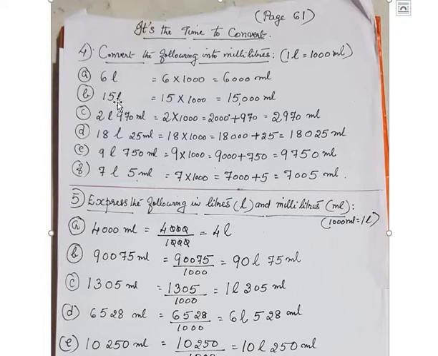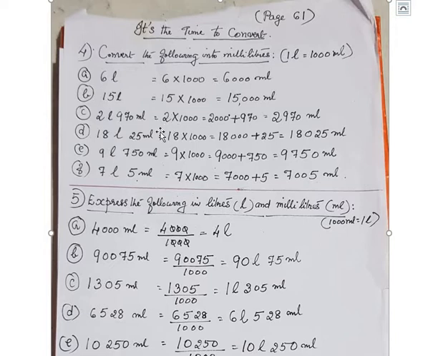In the second one, 15 liter equal to 15 multiplied by 1000 equal to 15,000 milliliter. 3 zeros on the right side, 1 fives are 15. So 15,000 milliliter.